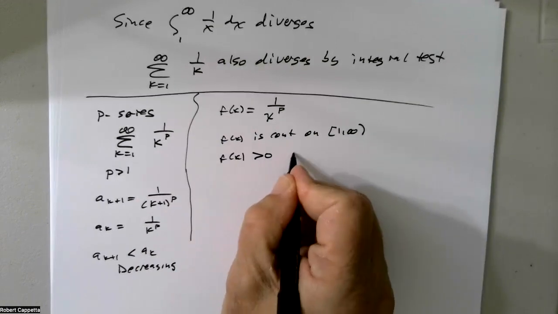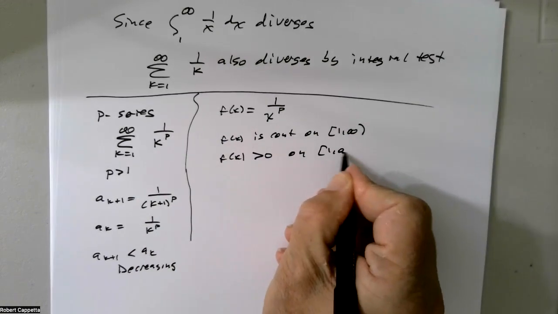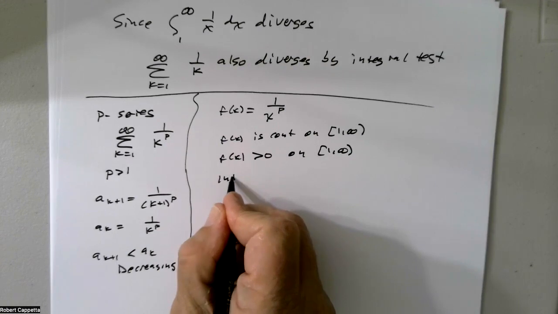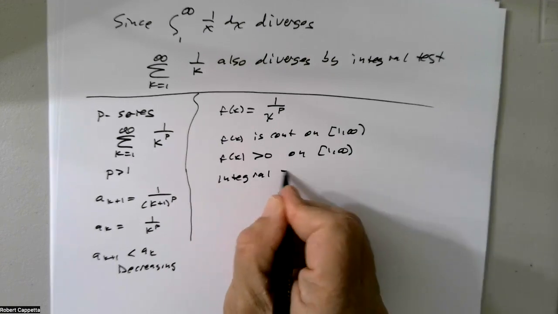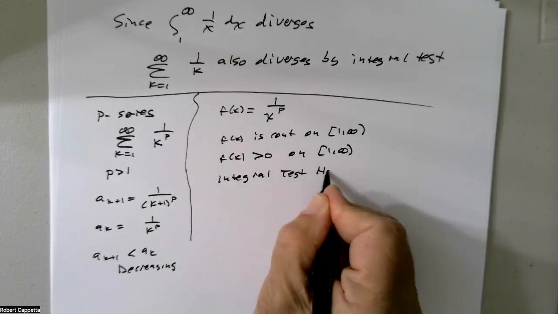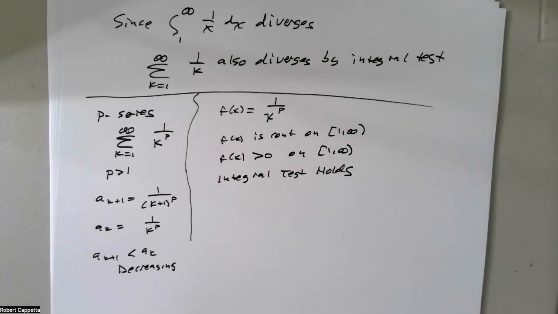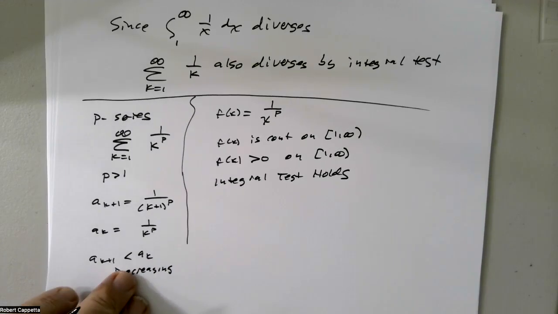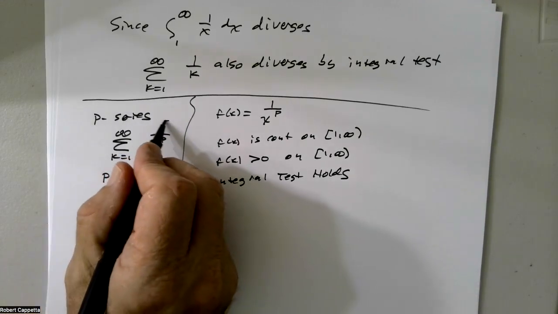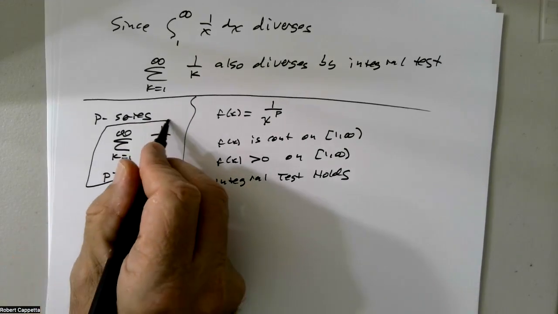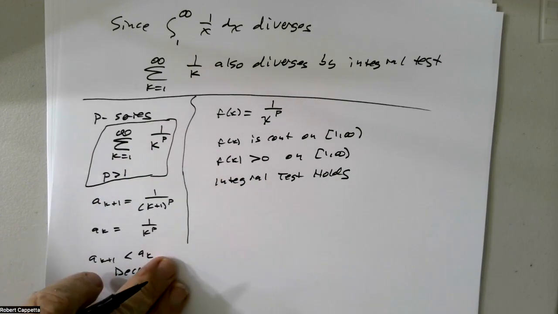F of x is greater than 0 on the interval from 1 to infinity. So that tells me again that the integral test holds. So the integral and the series are going to behave the same way. Again, p is greater than 1. This is our p series, 1 over k to the p.